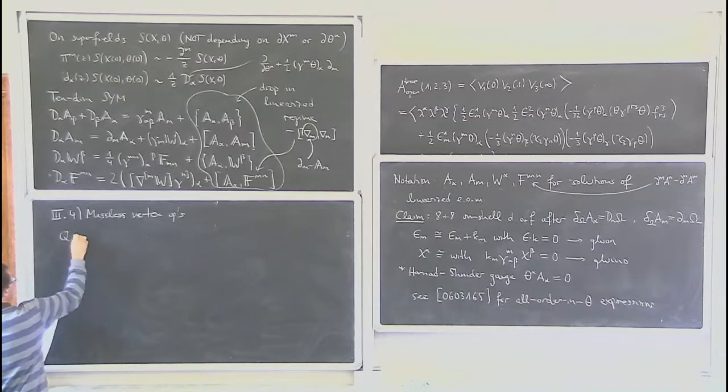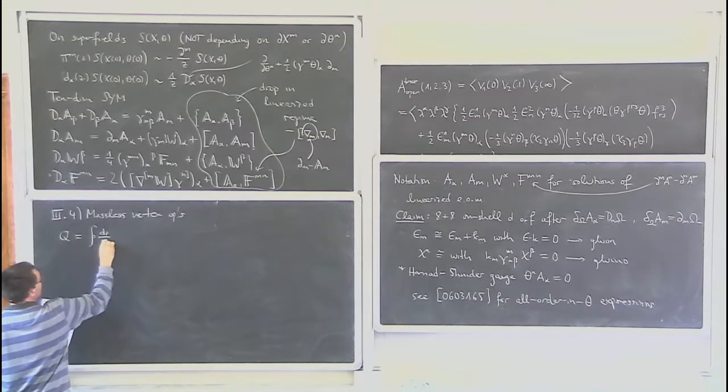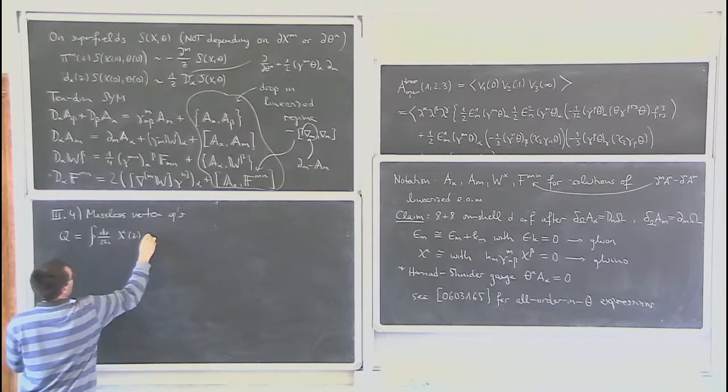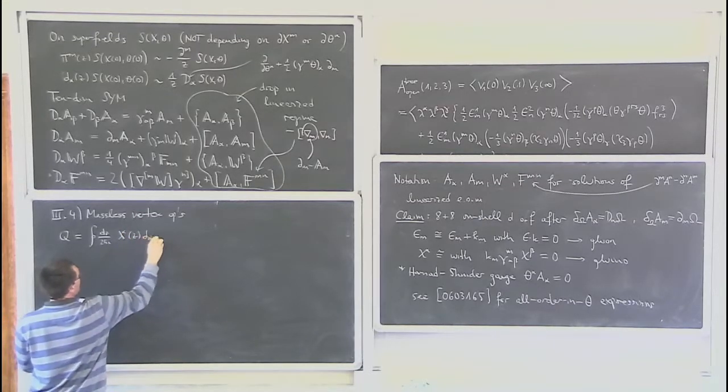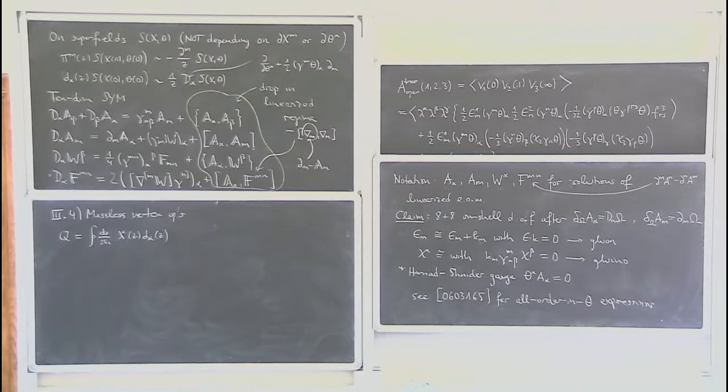The driving force is the BRST charge, which was introduced yesterday as this contour integral of lambda alpha with d alpha. And we want to check out what is the cohomology of that BRST operator at the level of massless states.